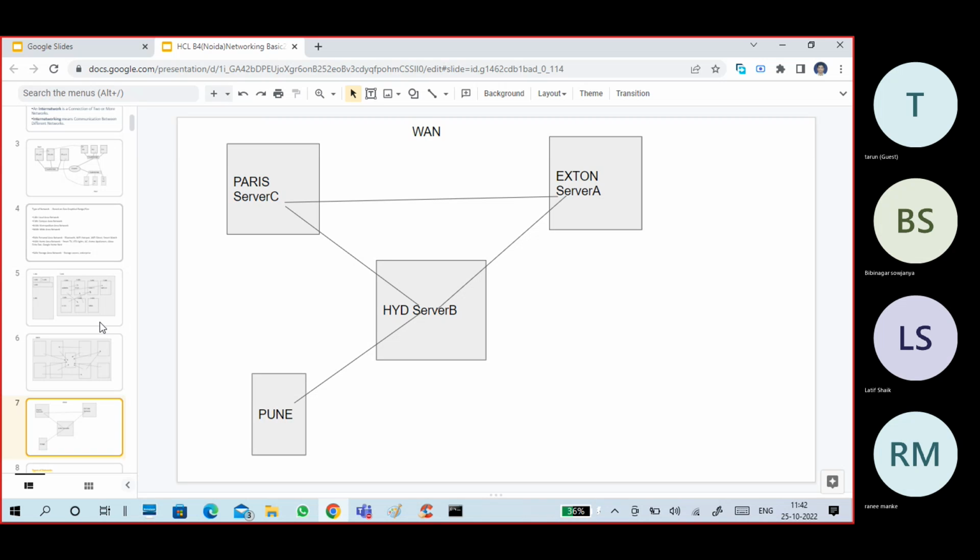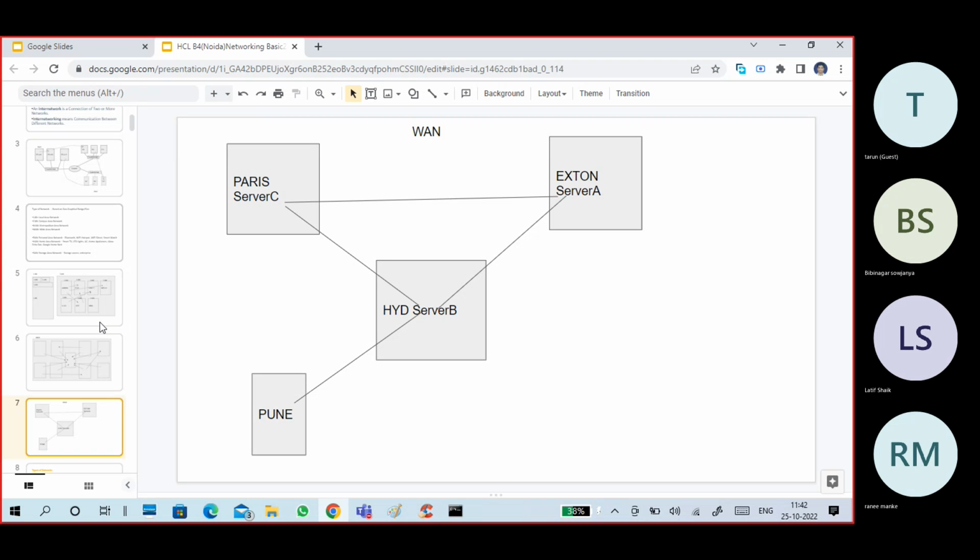For example, here I have written different geographical locations: Paris, Exton, Hyderabad and Pune. Hyderabad and Pune are both in India, but Paris is in France and Exton is in the US. So we have infrastructure in different geographical locations and we are connecting them to each other.